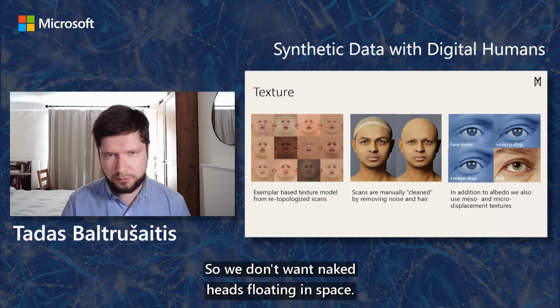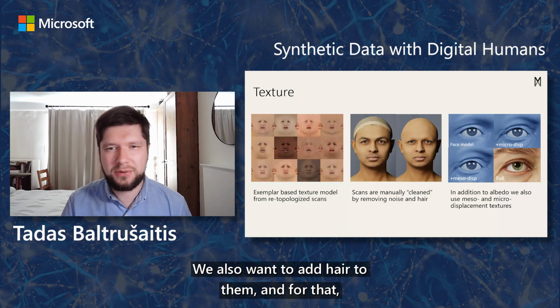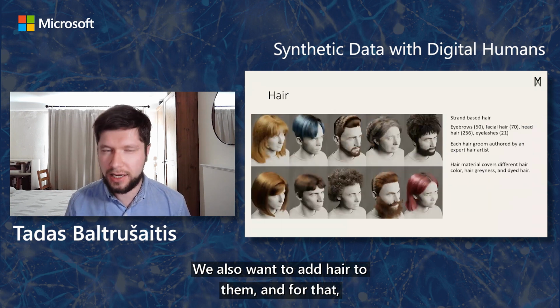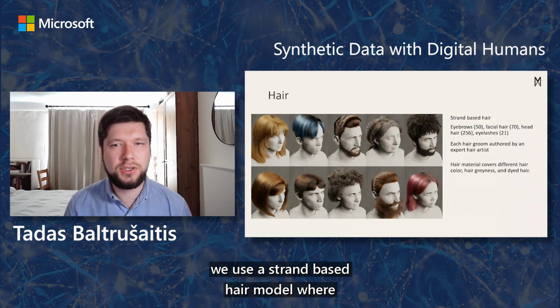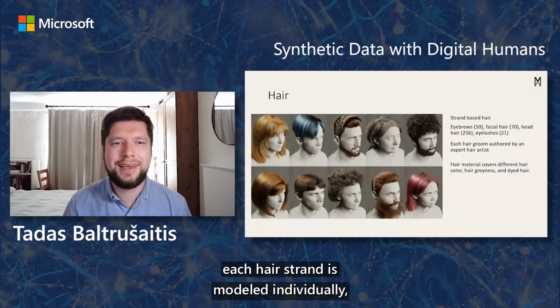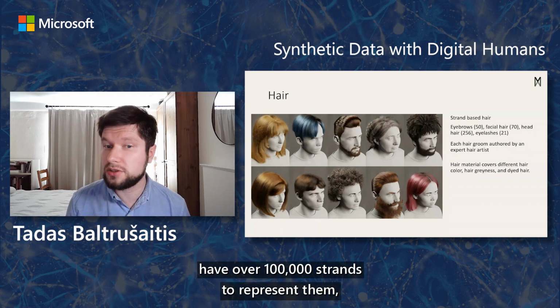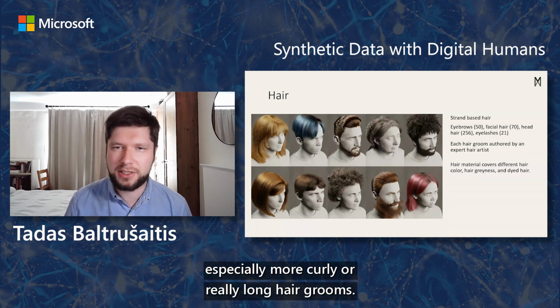So we don't want naked heads floating in space. We also want to add hair to them. And for that, we use a strand-based hair model where each hair strand is modeled individually. Some of our hair assets can have over 100,000 strands to represent them, especially more curly or really long hair grooms.